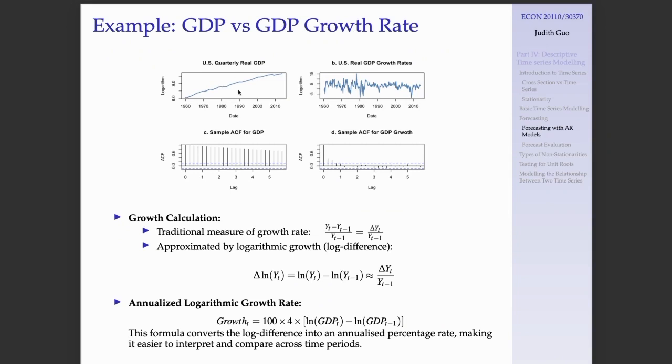That's essentially what defines the growth rate: how the next period differs from the previous period. And we can see that the GDP is not stationary, whereas the growth rate is stationary. That's our guess. We have not formally tested this yet. We'll look at how to test this next week.